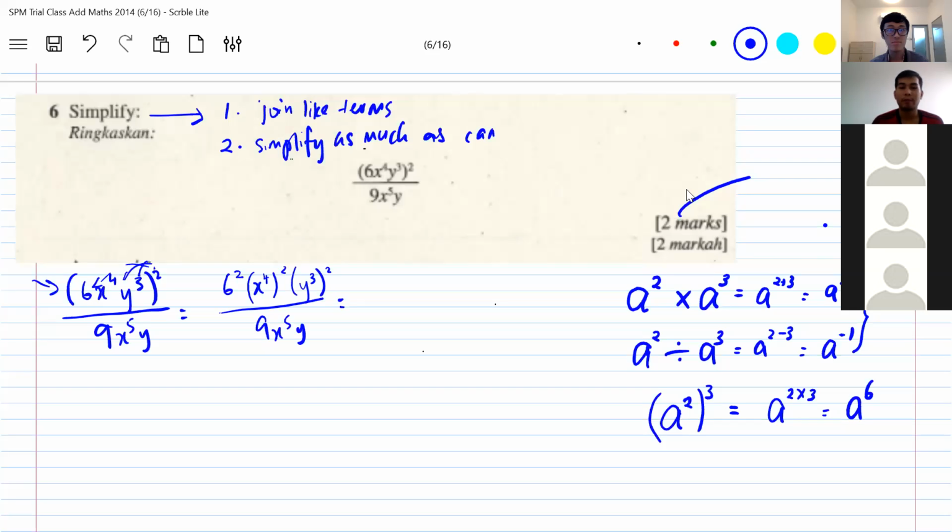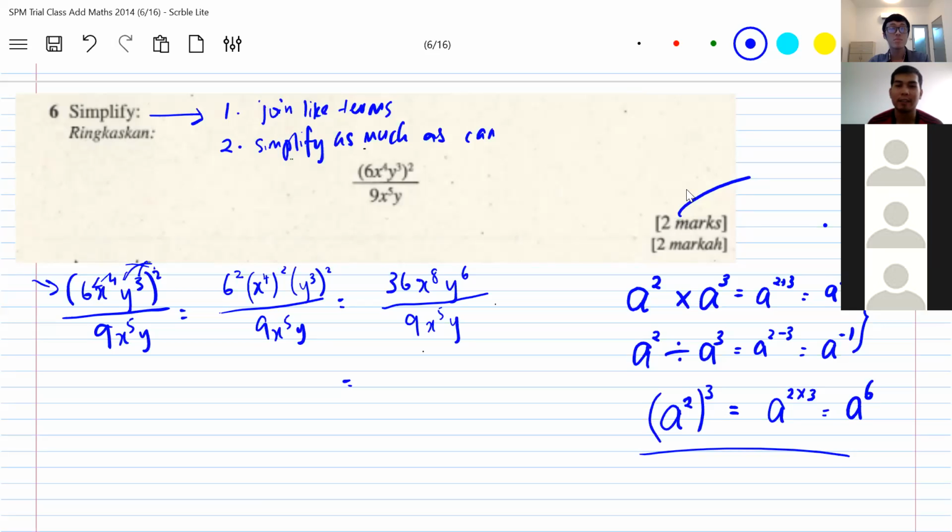So you break that down further. 6 squared is 36. x⁴ squared, that's 4 times 2, yeah? y³ squared, over 9x⁵. Alright, cool. So there are still items just illustrated here as a fraction line, right? So they have to cancel out each other.